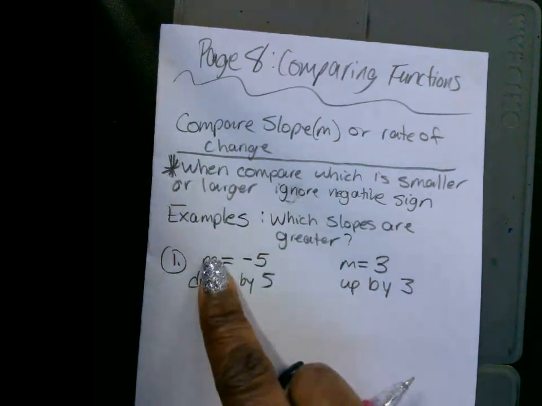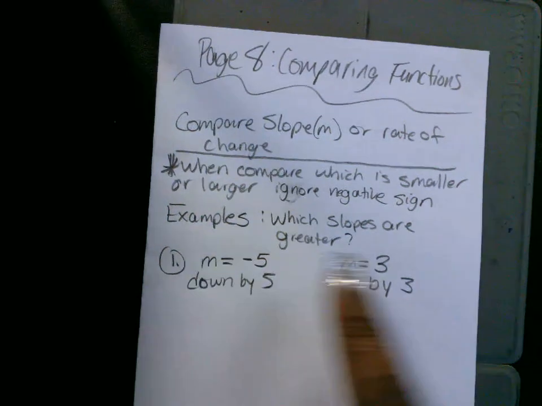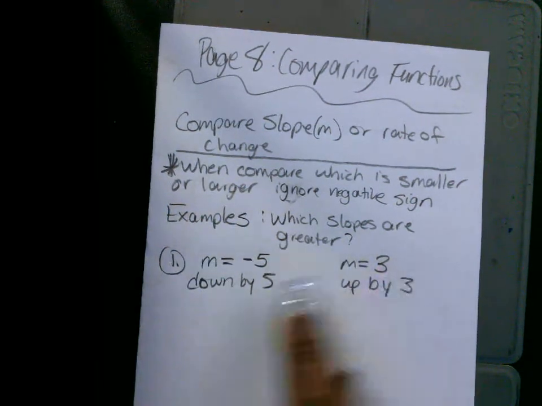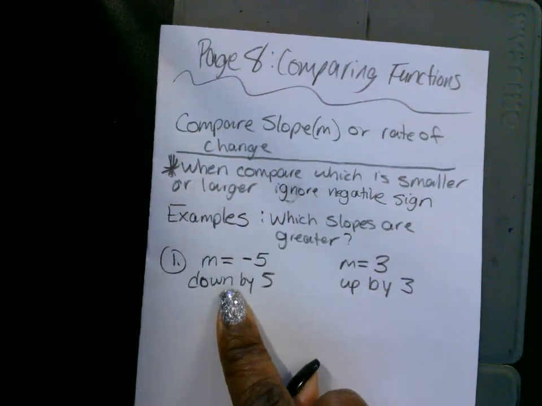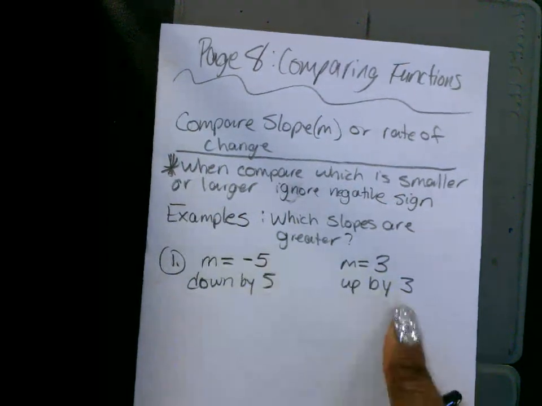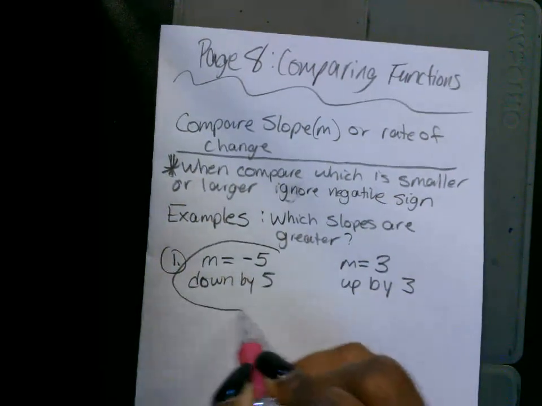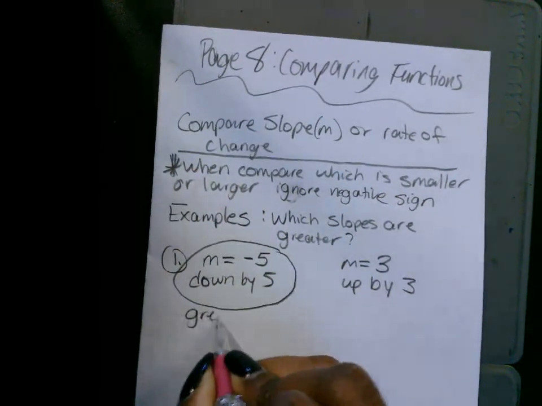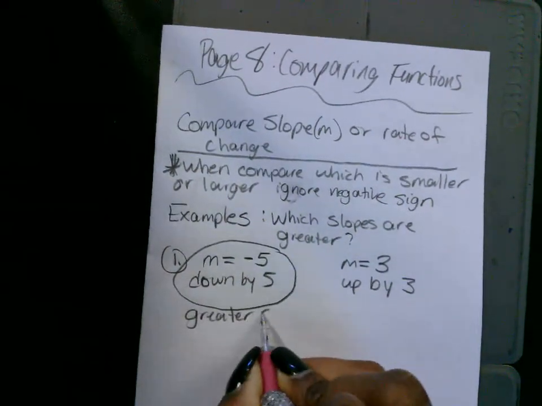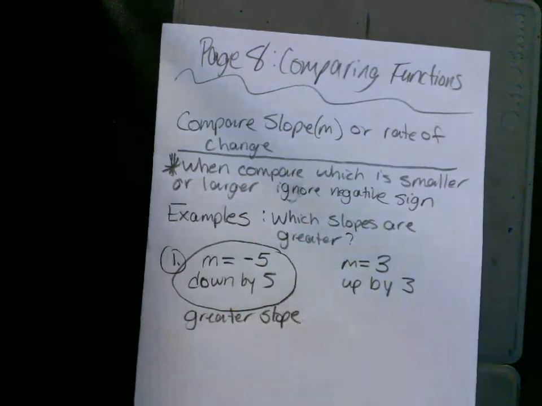Even though this is going down by 5 and this is going up by 3, this slope is going to be larger because it's going down at a faster rate than this is going up. So this slope is the greater slope. It's going down the fastest. It's going down at a faster pace than the other slope is going up.